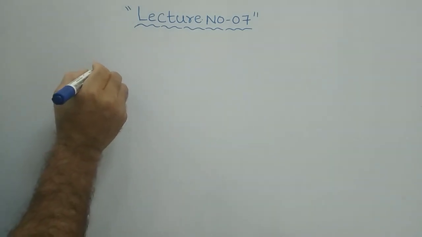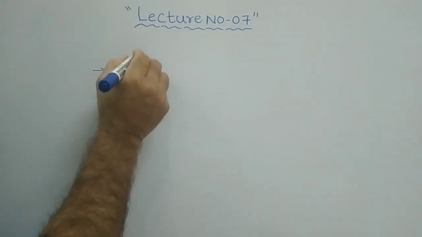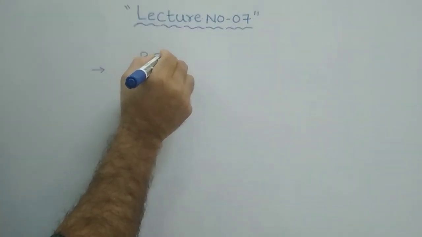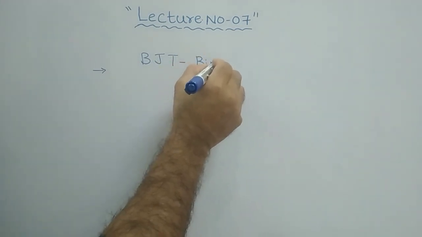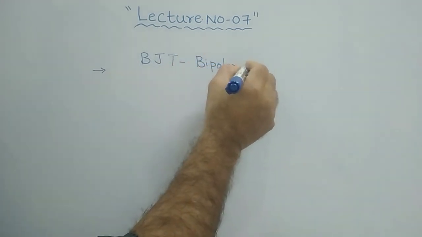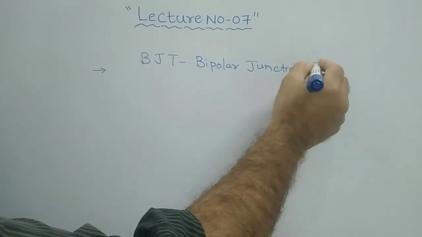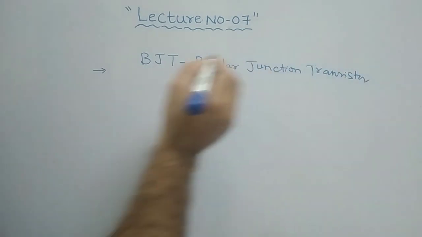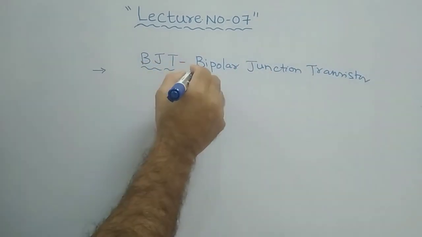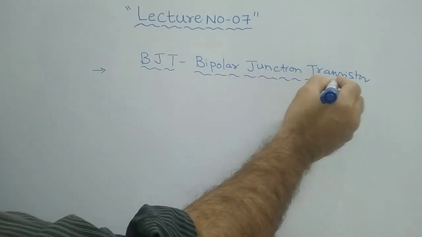What are its main features? As we have seen, it is a bipolar junction transistor, and basically it is a 3-terminal semiconductor device.